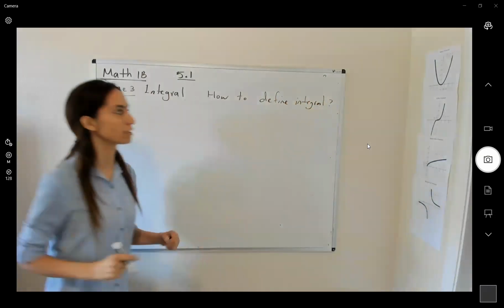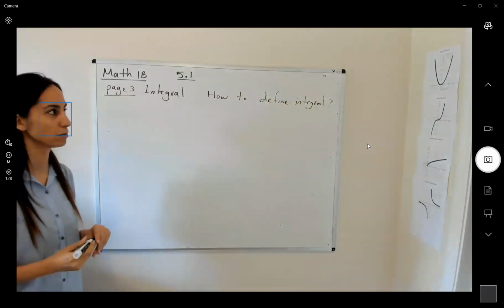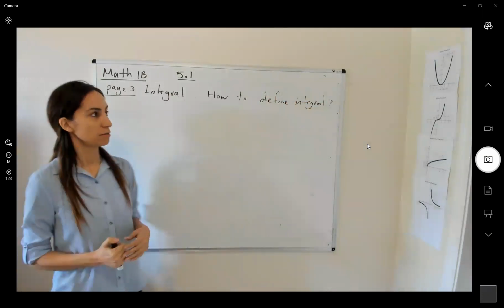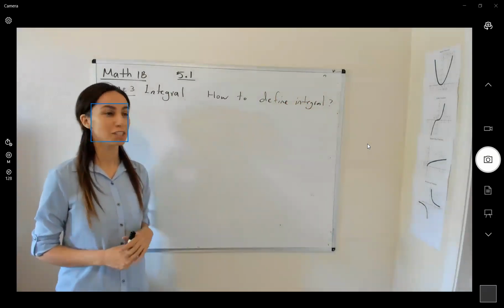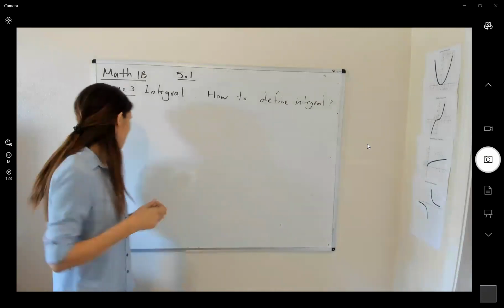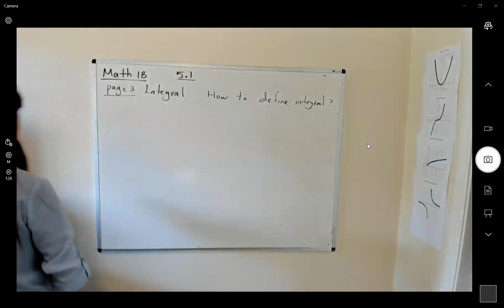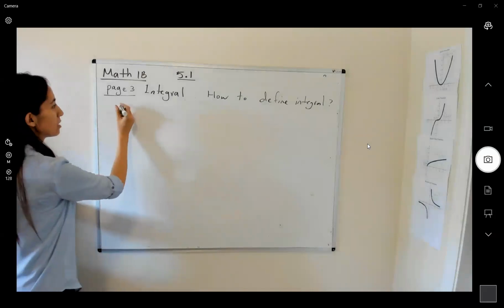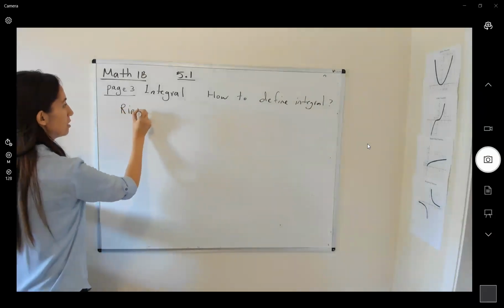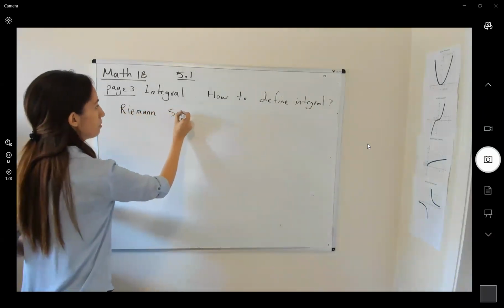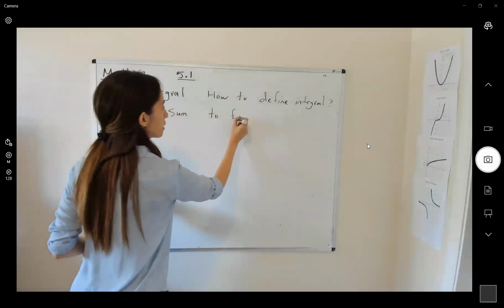How does the integral work? Mathematicians used to have this method, which we call using the Riemann sum to find the area.